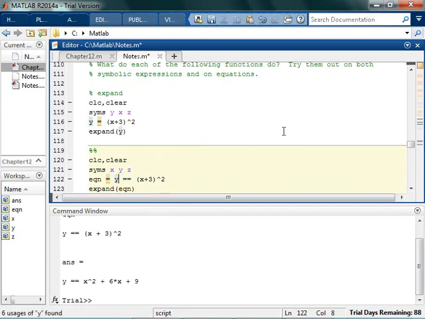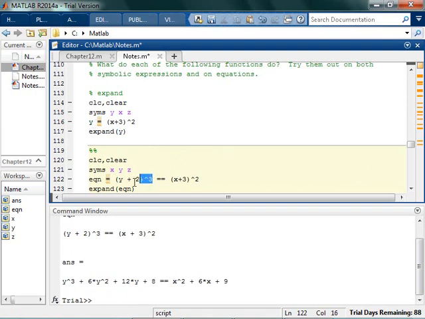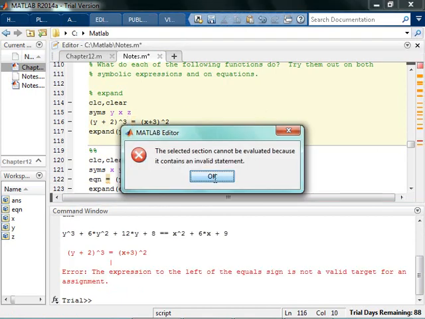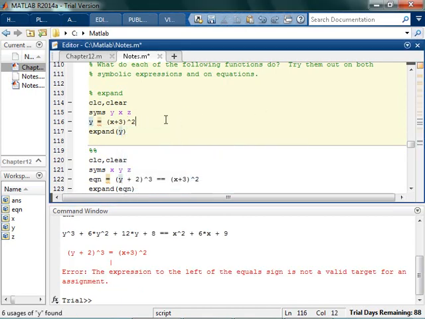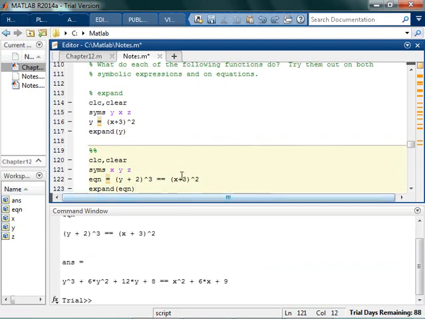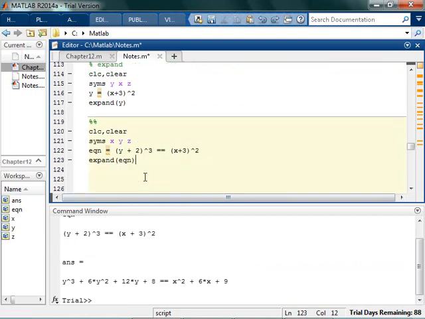Let me try it, just to be kind of fun. There. Okay, so it expanded both sides of the equation. That's kind of cool, because if I tried to do that up here, it wouldn't work. So that's another feature of equation versus expression: the left side doesn't have to be perfect. It can be all kinds of weird. So there, it expanded both sides. Basically it multiplied it out.